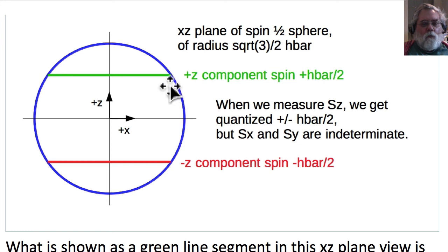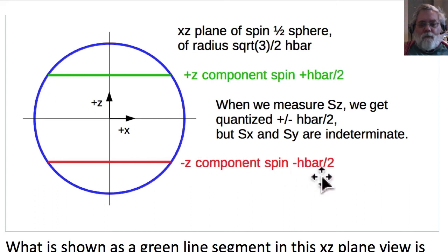And while S sub z has a definite value, plus h bar over 2, on that circle, the spin vector can point anywhere along that circle, and we don't know where it is pointing because we are not measuring that. We've measured S sub z, we're not measuring S sub x and S sub y. So S sub x and S sub y could have any value along that circle.